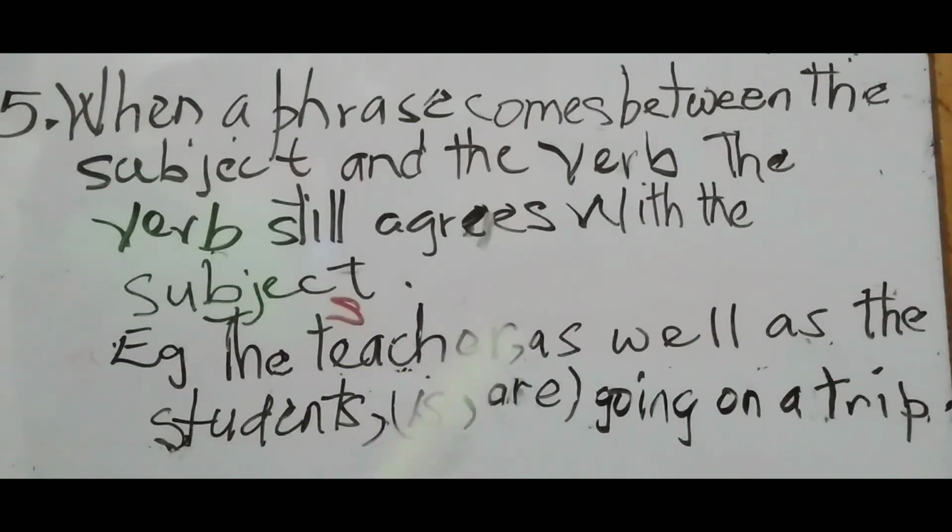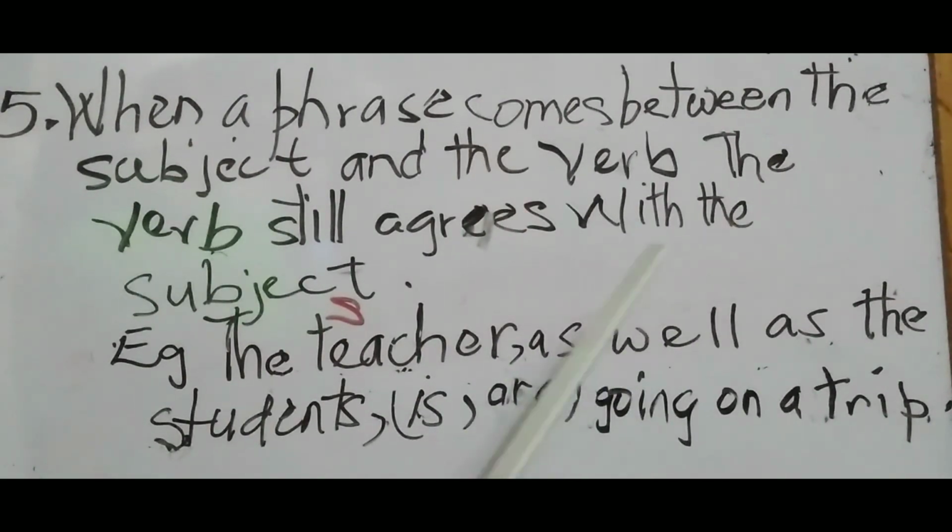A phrase is like an incomplete sentence, right? So the verb is going to agree with teacher. How many teachers? One teacher, because there's no S on teacher, so that suggests that it's one teacher. So the verb is going to agree with the teacher, which is still the subject.